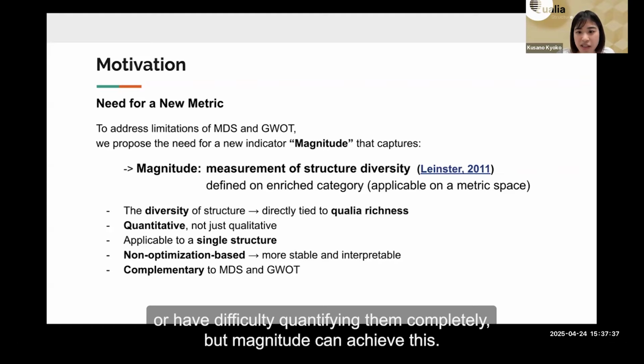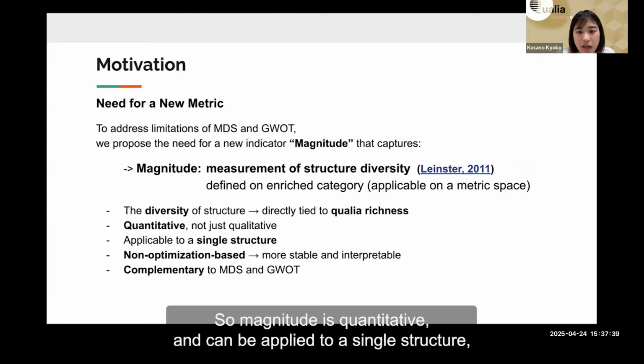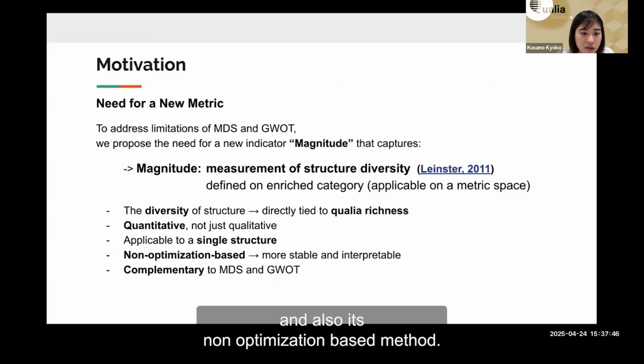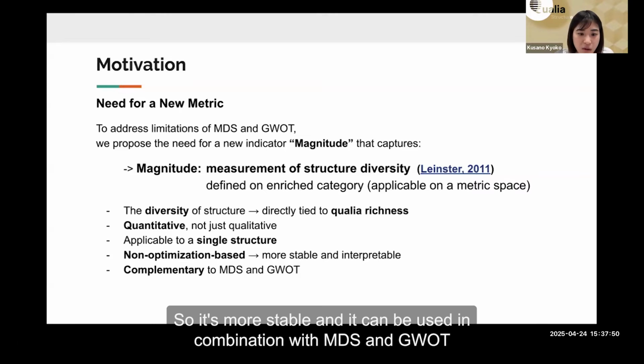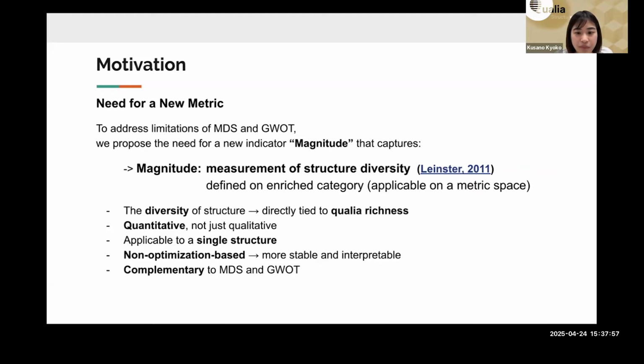But magnitude can achieve this. Magnitude is quantitative and can be applied to a single structure. And also it's a non-optimization based method, so it's more stable and it can be used in combination with MDS and GWOT.